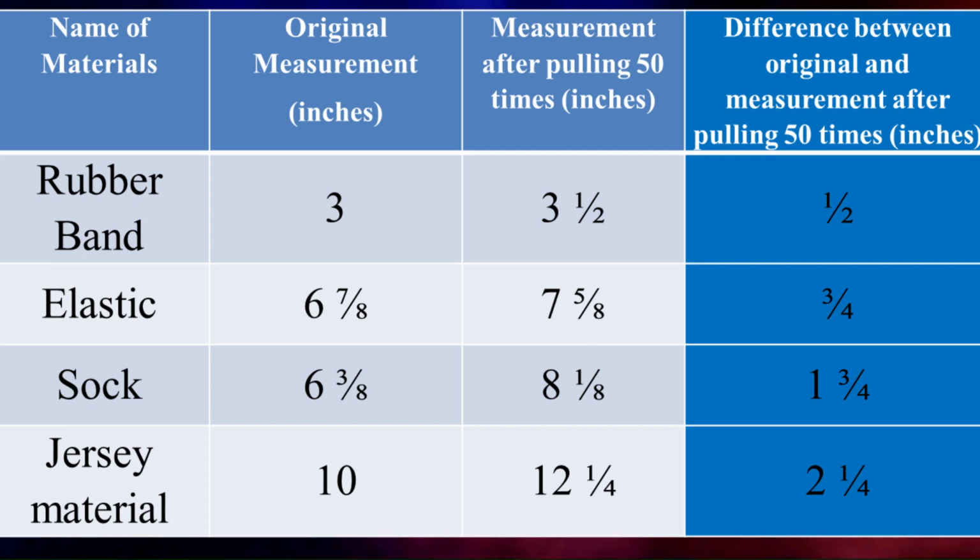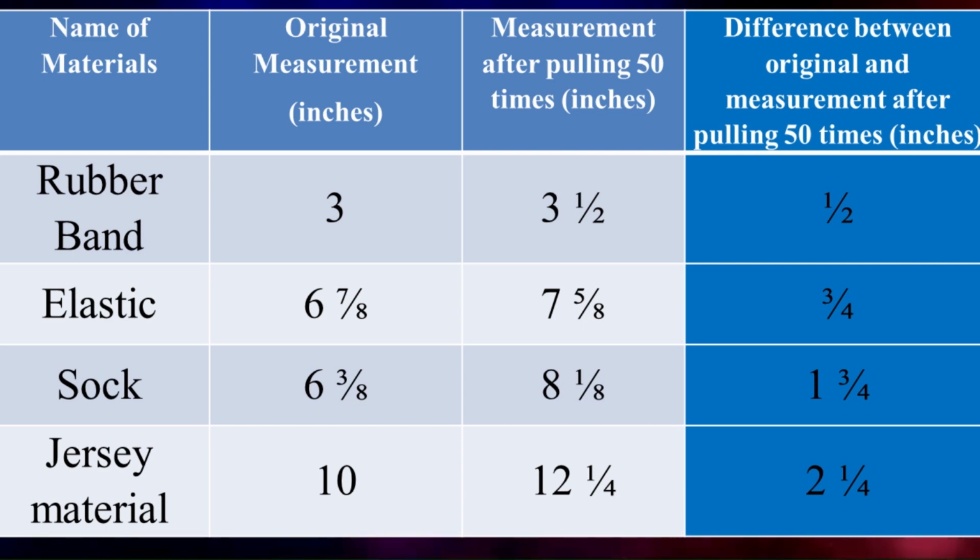Elastic, on the other hand, was 6 7/8 inches and it increased to 7 5/8 inches after being pulled. Force was applied 50 times, hence it stretched 3/4 of an inch. Further, the sock was 6 3/8 inches and it increased to 8 1/8 inches after being pulled.